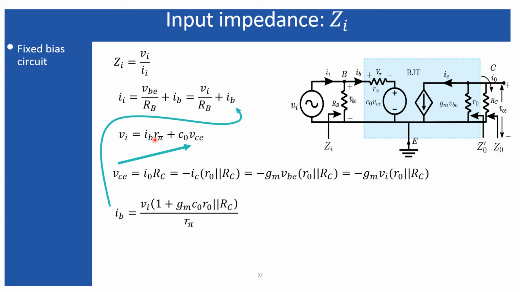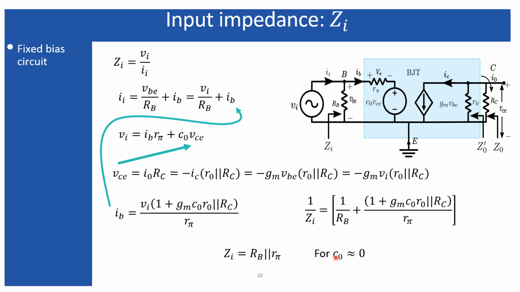Once I replace this IB, since VI exists, take this VI common and divide II by VI, and you will get 1 over ZI, which is equal to this expression. If you consider that C naught is equal to 0, the numerator will leave only 1, and the input impedance will appear as the parallel combination of RB and R pi.